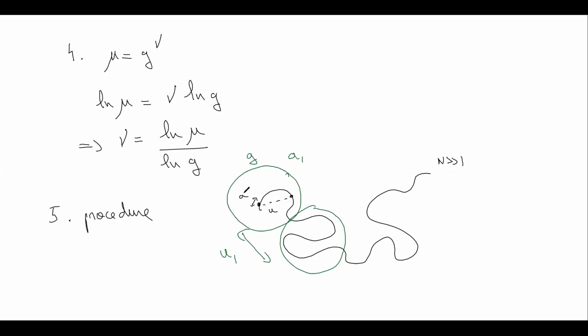Same between all the objects in this bead and in this bead. Okay, I can do that. And then I can compute, and this is a mathematical problem. I have to do it. I didn't do it yet. I'm just showing you the principle. So I need to compute U1. So A1 and U1 need to be computed mathematically.